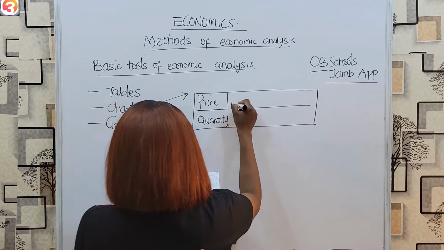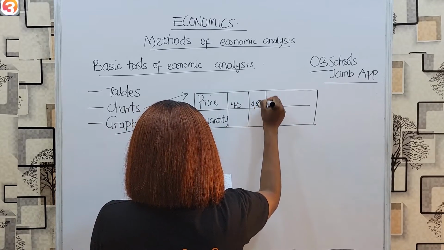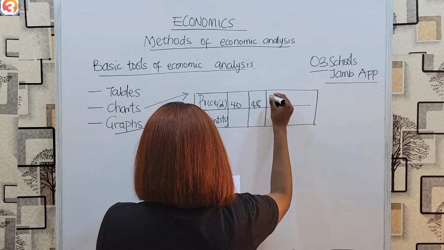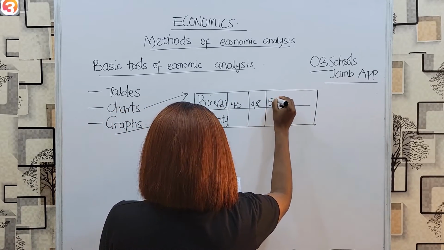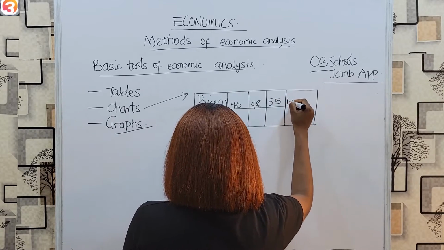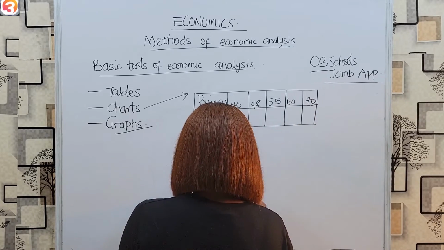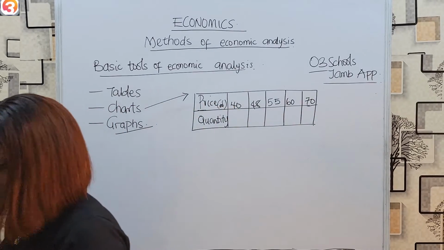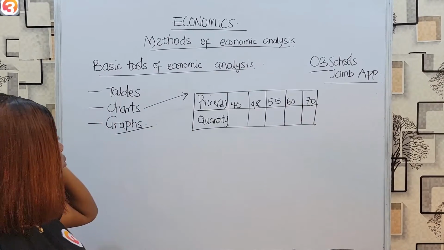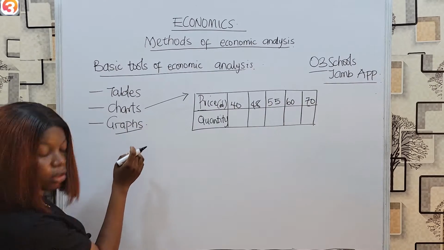We have 40, 48, 55, 60, and 70, price in naira. In economics, graphs are also known as curves. You can also say it is a curve.